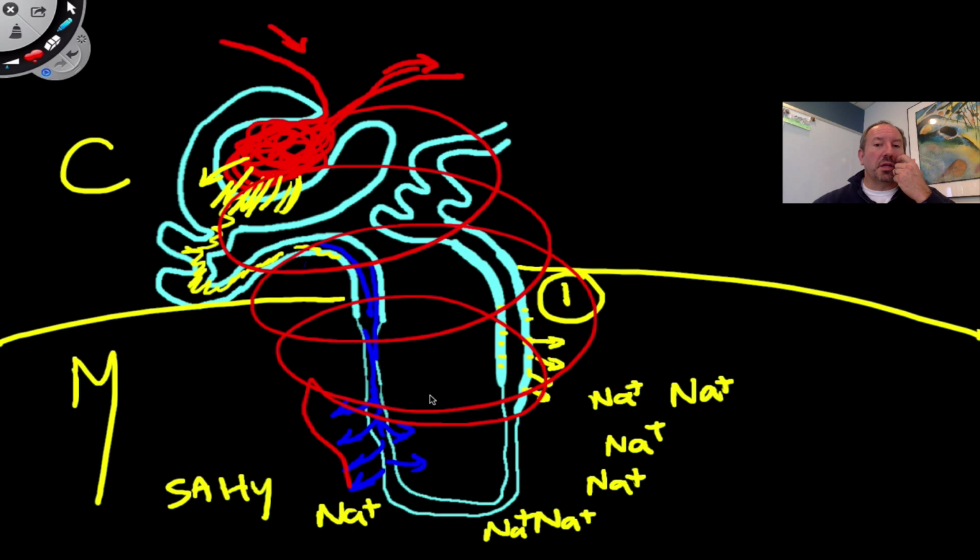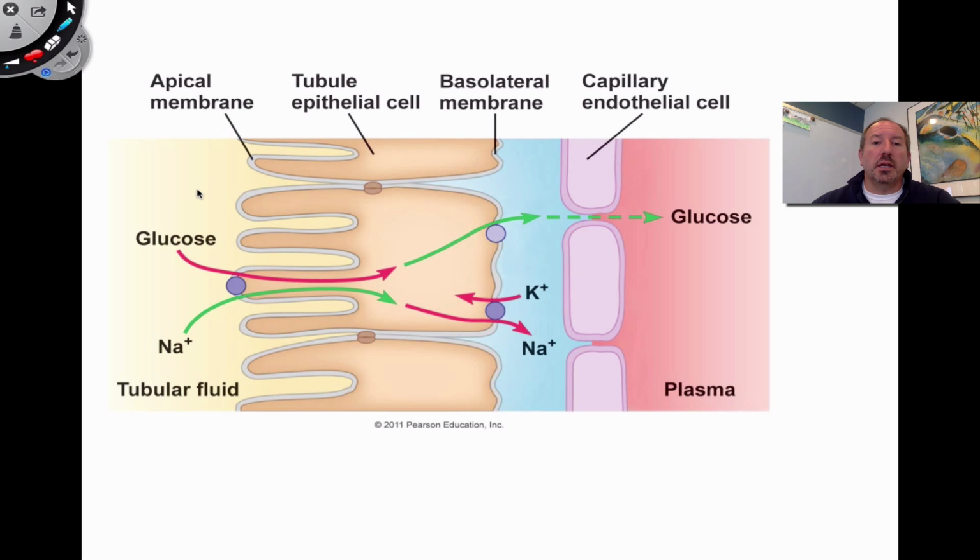And so what's really cool is that the loop of Henle tries to create a very salty environment, and in so doing, it uses that to be able to reabsorb water. And so I find that that's particularly interesting. Now, if you look at the details of this, let me come back over here.